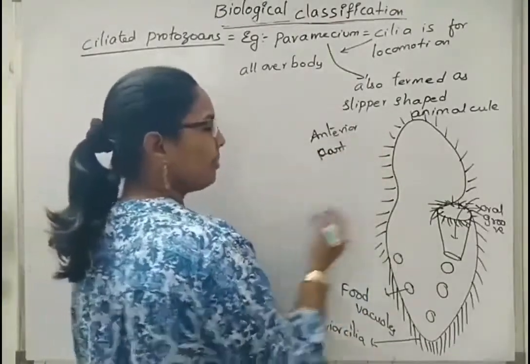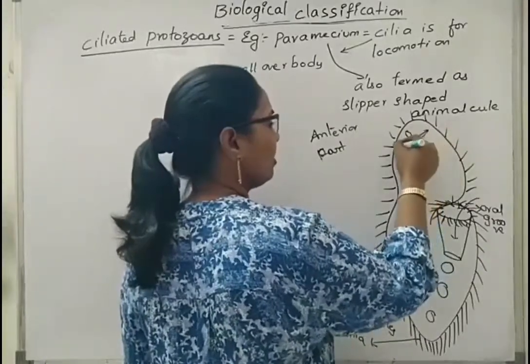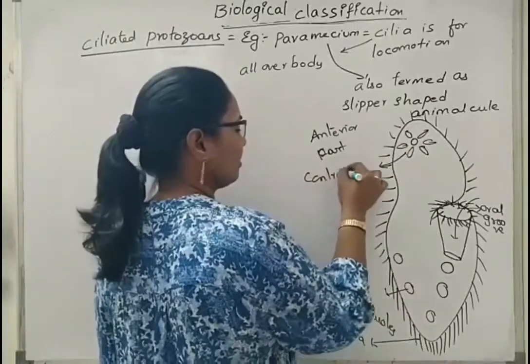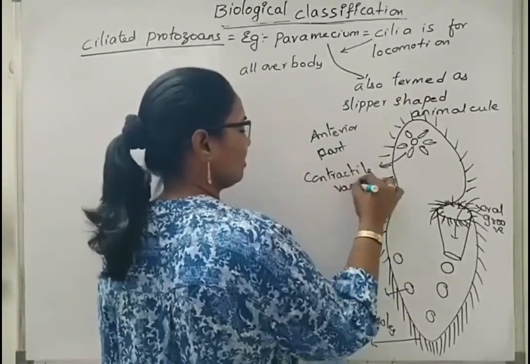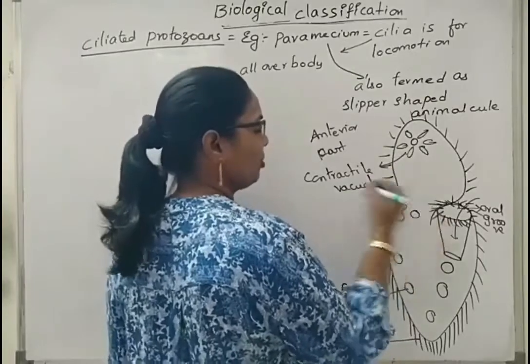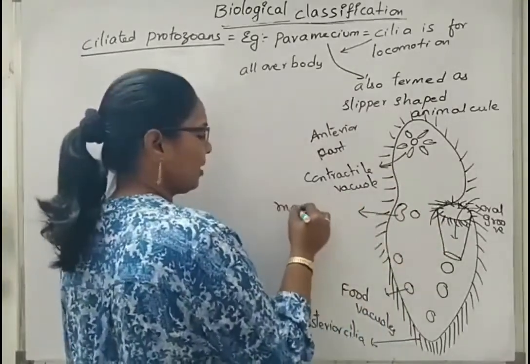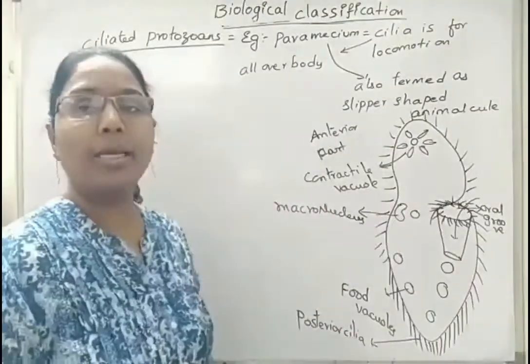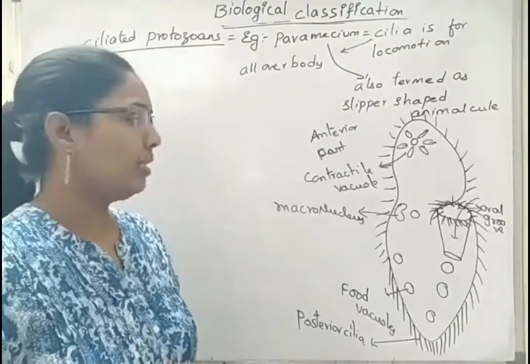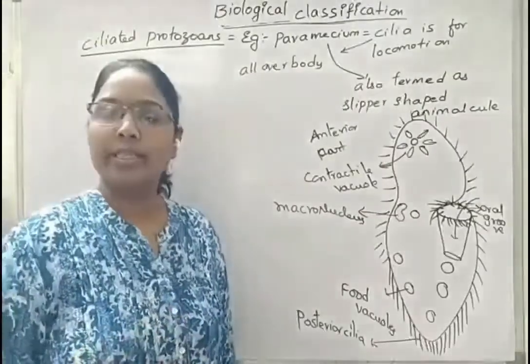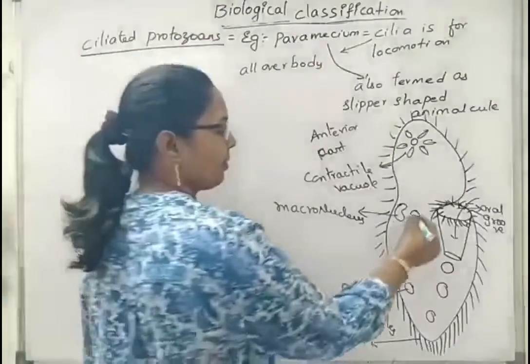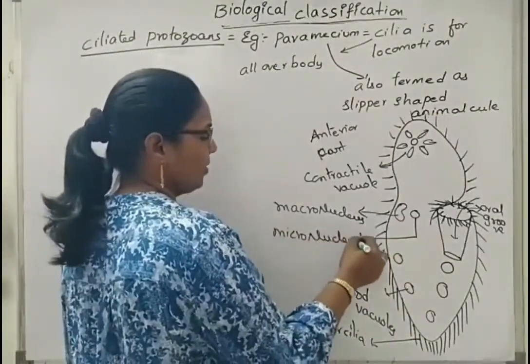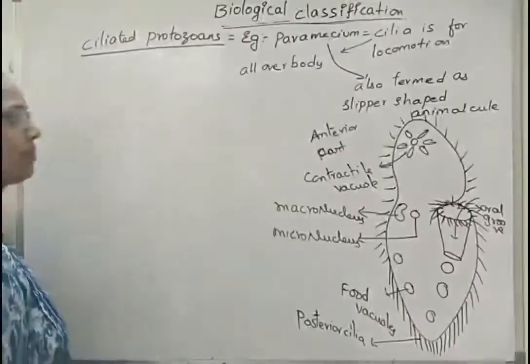All these are cilia, and it has a contractile vacuole to maintain body osmotic balance. It has two different types of nuclei. One is the macronucleus, which is not involved in reproduction but disappears during reproduction, and it is divided during transverse binary fission. The other is the micronucleus, which is involved in the conjugation process.